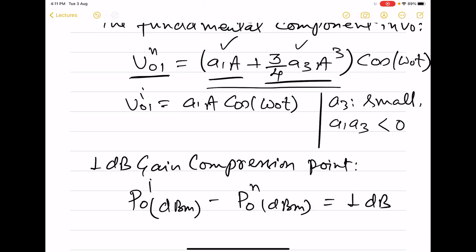So the input for which this point is observed is called the 1 dB gain compression point.